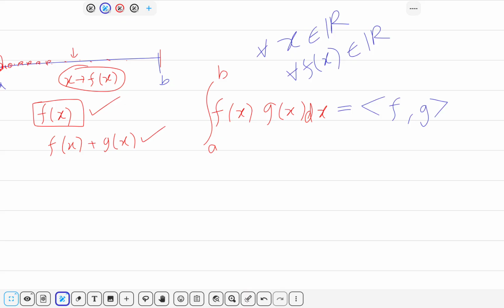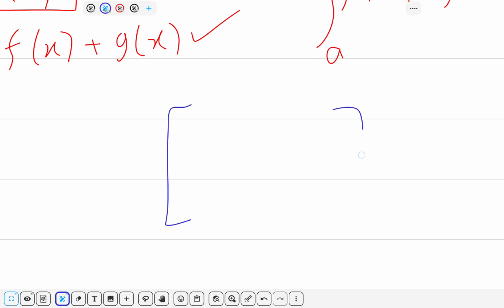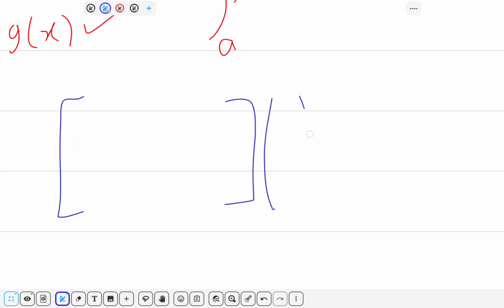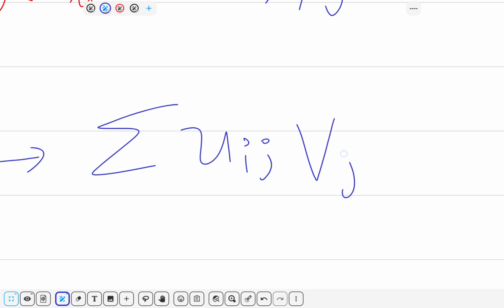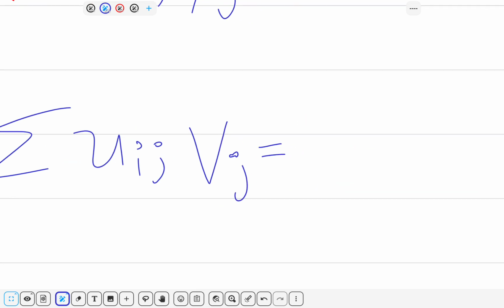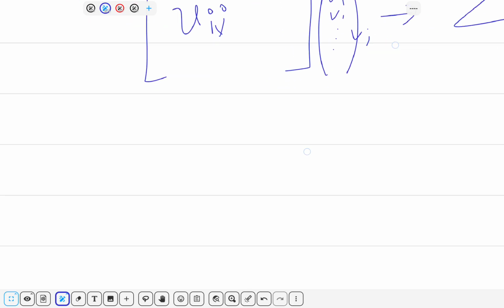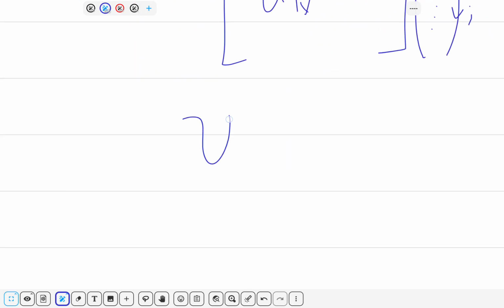Also, you know how a vector transforms? You have some matrix, let's say u of ij, and you have v1, v2, some vj. You just do the summation of u of ij times vj, and this gives you some new vector, let's say wj. Well, we can do the same thing here. Here it will correspond to a function something like u of x, x dash.